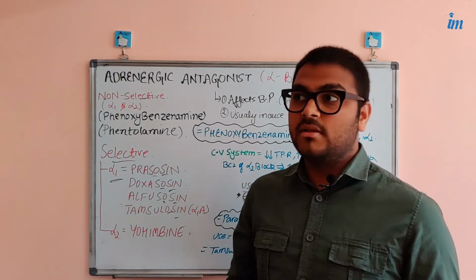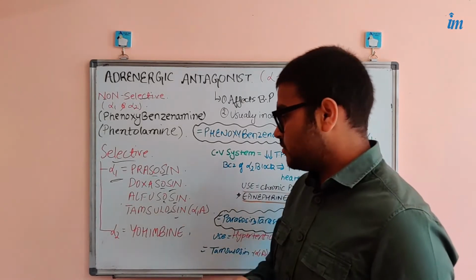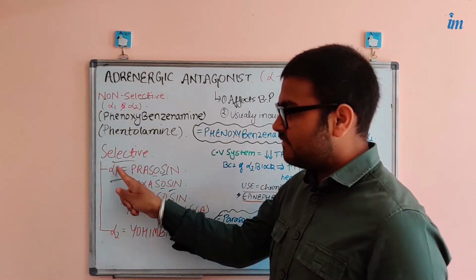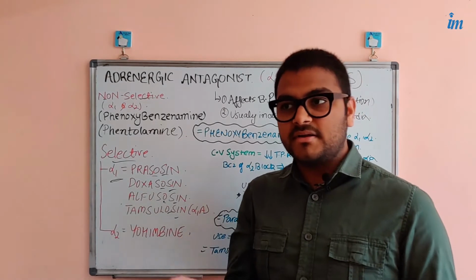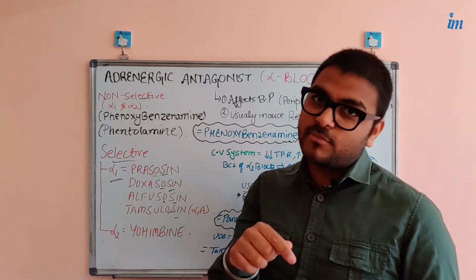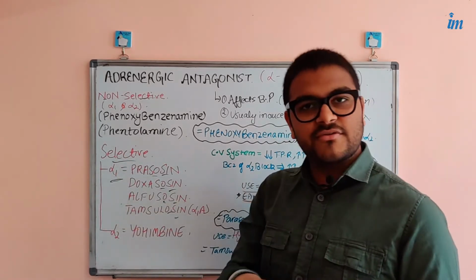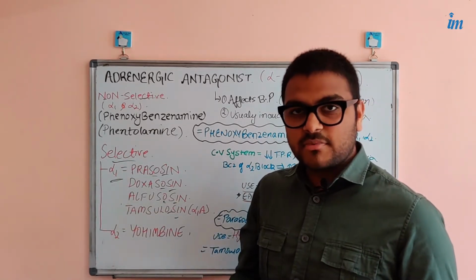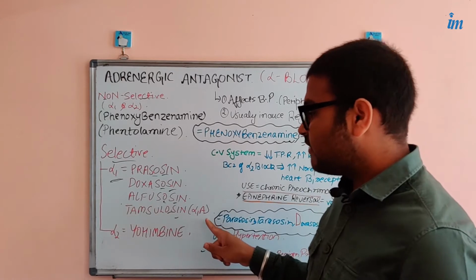I would like you to remember that tamsulosin is an alpha 1 antagonist, but it is even more selective. It is blocking one special type of alpha 1 receptor. Which one? Alpha 1a.